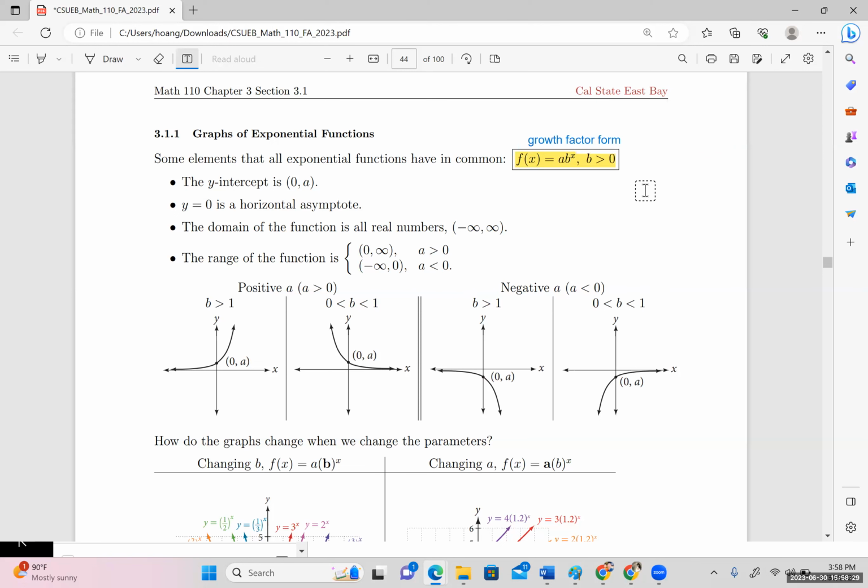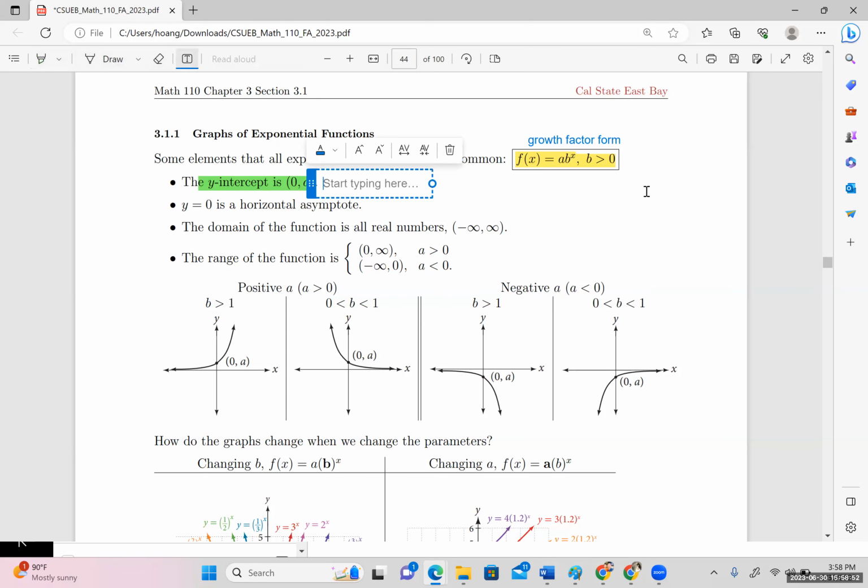All right, so we need to consider something such as the y-intercept. Okay, the y-intercept must be (0, a). So what is this a?